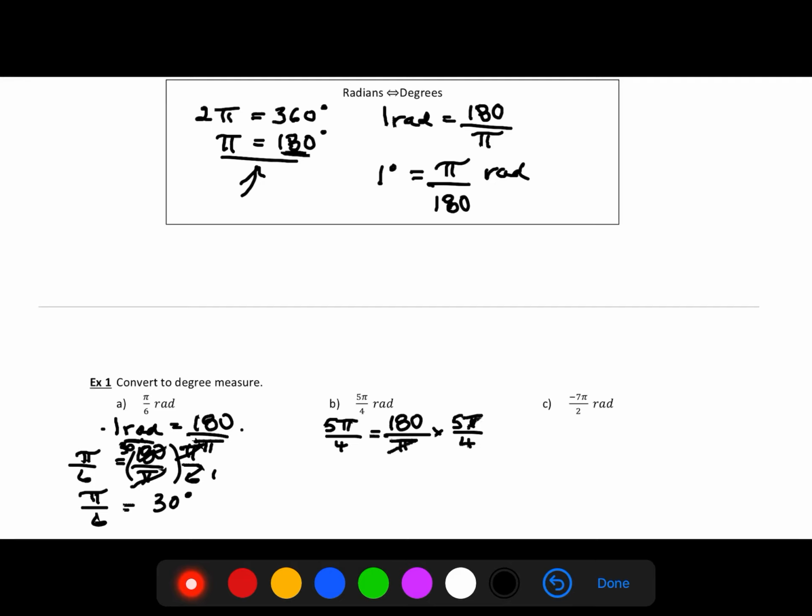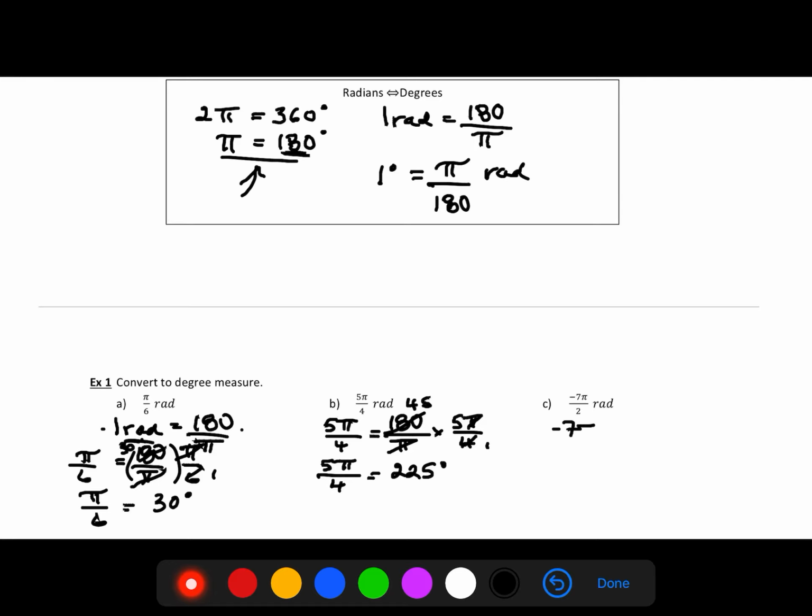Again, simplifying diagonally, pi's cancel out. 4 and 180 are going to simplify. And now we're going to be left with our angle in degrees. 45 times 5 gives us an angle of 225.